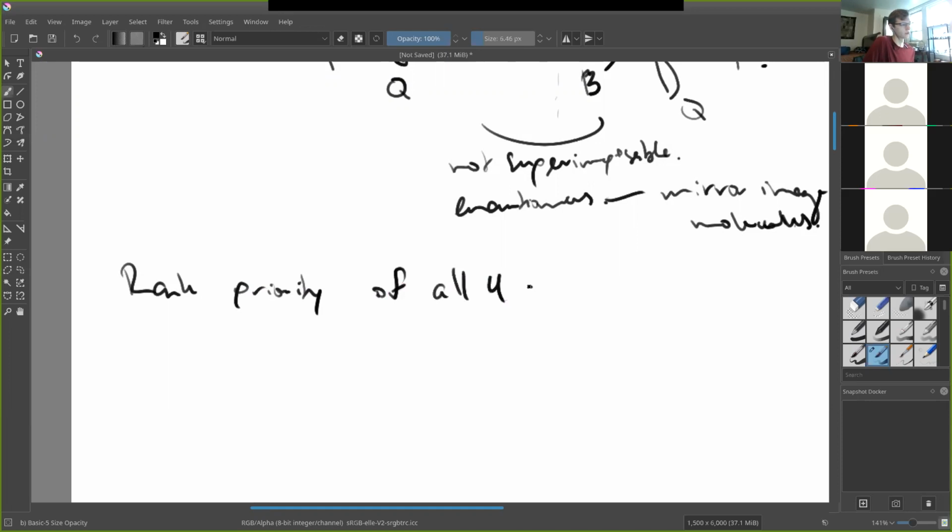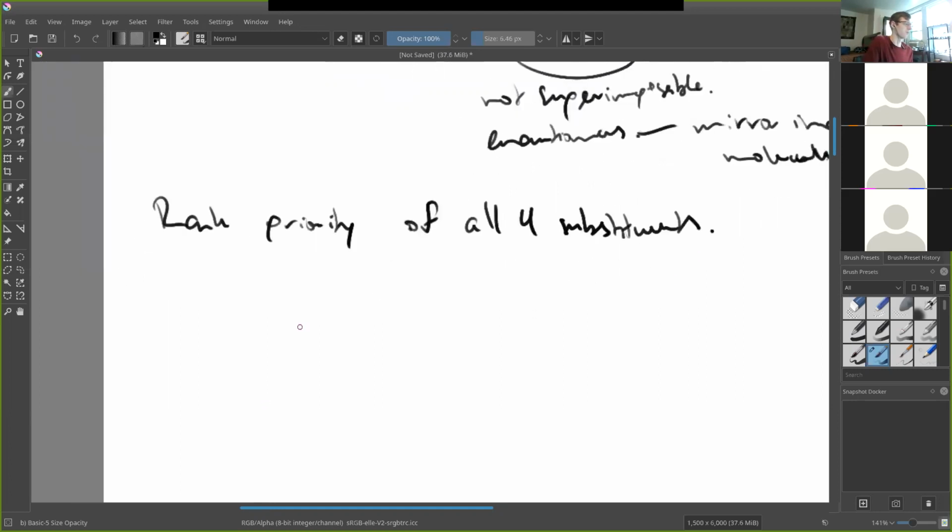You rank the priority of all 4 substituents, and then once you do that, you move number 4 to the back.